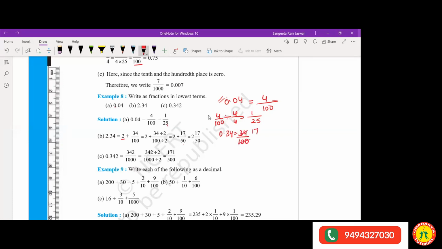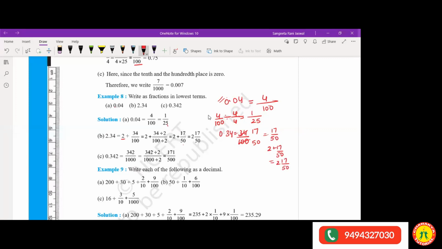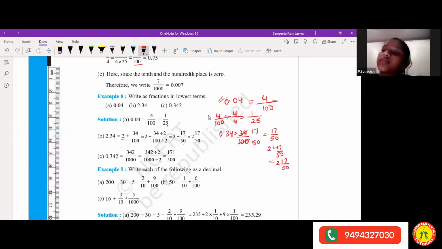I get 17 here, I get 50 here. So I get 17 by 50. And this 2 as it was added here, I will just add it here. So it becomes 2 plus 17 by 50, which gives me 217 by 50. This is a mixed fraction. Mixed fraction means a mixture of a whole number and a fraction. That's why we call it a mixed fraction.